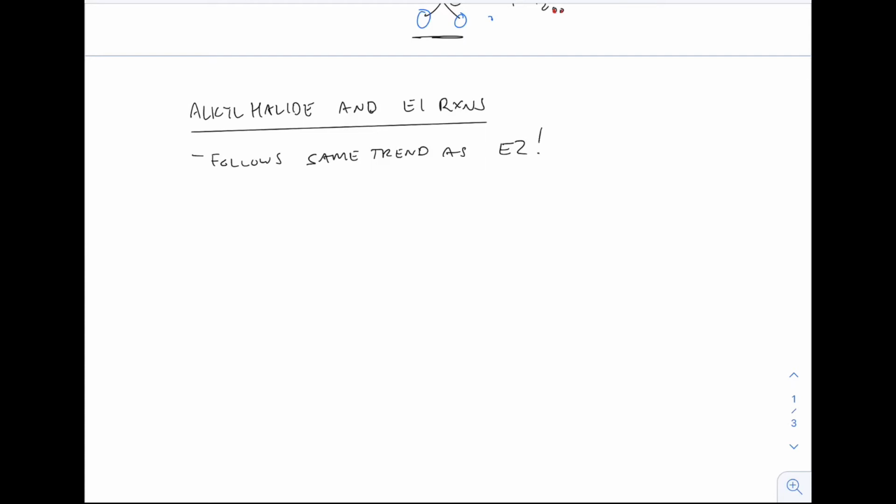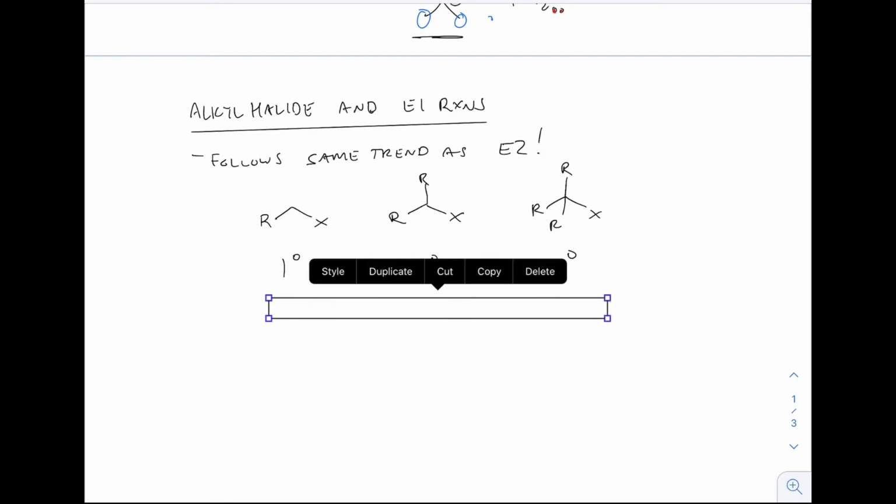So it follows the same trend as Sn1. We can't have a methyl halide; we have to have a primary, secondary, or tertiary to create that carbon-carbon double bond. And we're going to increase the rate of the reaction as we go from primary to tertiary.